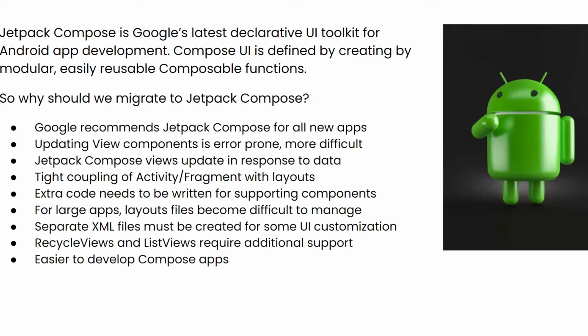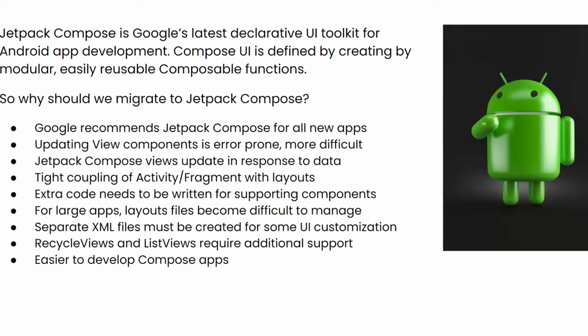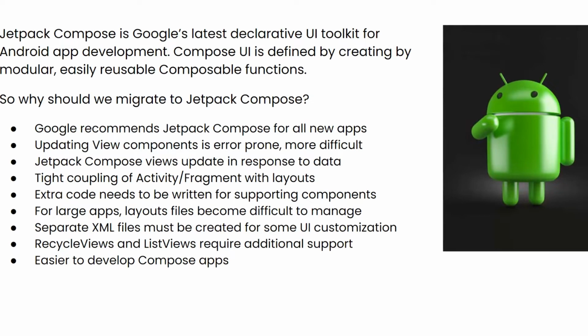Separate XML files often need to be created for customizing UI widgets and components that you create with Views, such as if you were to create a card and you wanted to round the corners of a card, you would more than likely have to create a shape and alter the properties of the shape in order to get the desired effect that you're looking for. This really isn't something we need to do in Compose anymore, with built-in shape objects that Compose just provides for us right out of the box.